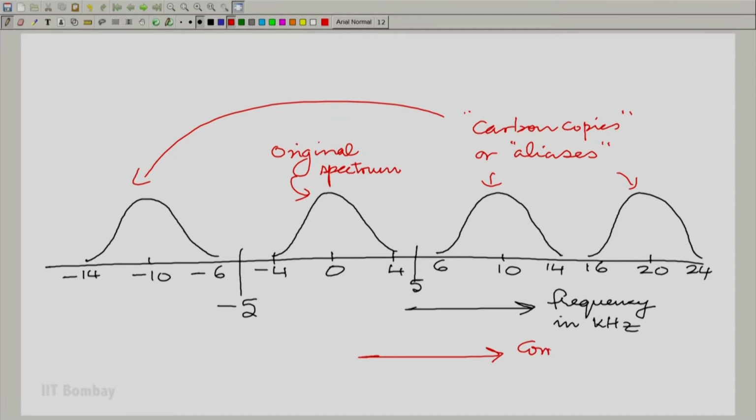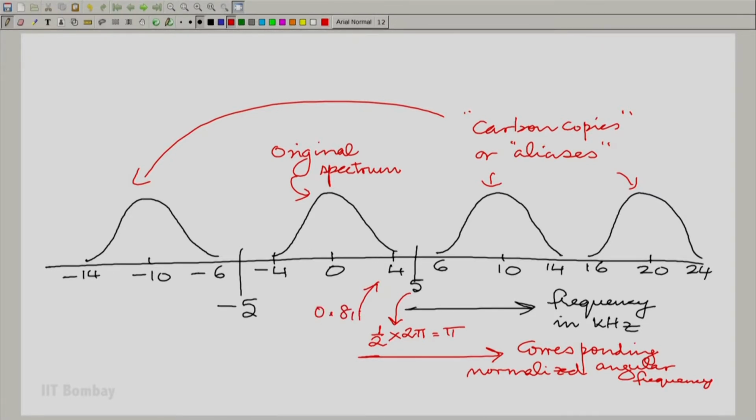So, let me write down the normalized angular frequencies again. 5 would correspond to half into 2 pi, which is pi, and therefore 4 would correspond to 0.8 pi, and similarly the others. 10 would correspond to 2 pi, the sampling rate, and of course you could put down all the other values. I leave it to you to do that. Now, this normalized angular frequency is often denoted by small omega, and we shall use that convention.